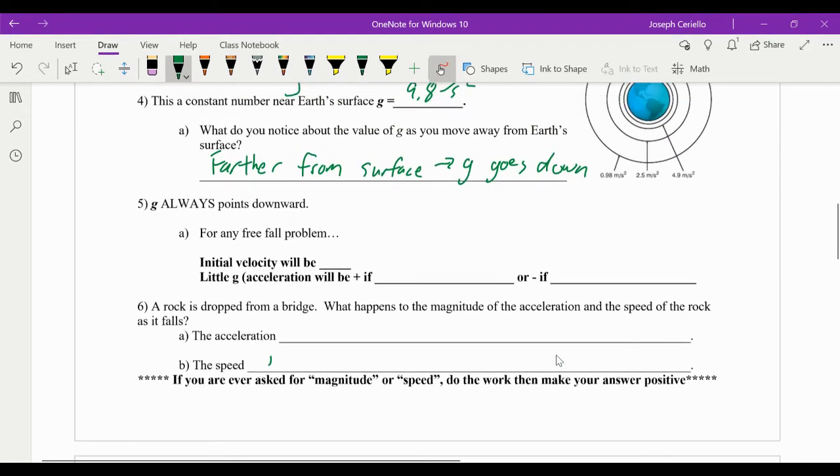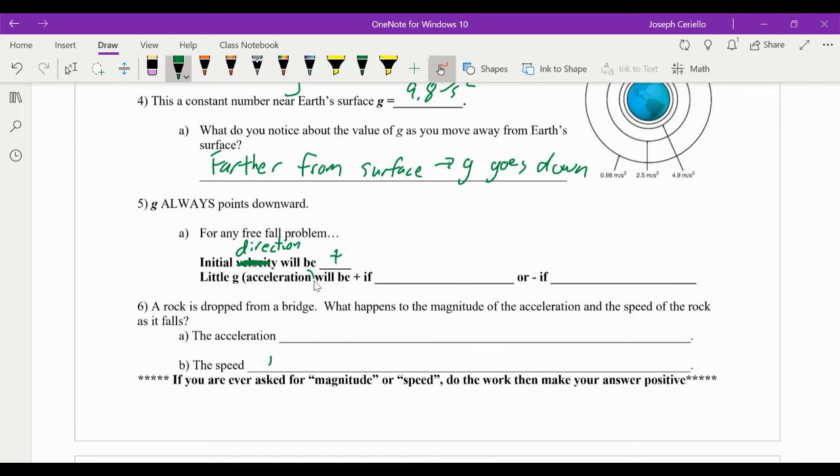Now in this class, g will always point downward. Always, always, always. And we're going to do some things with free fall problems in this class. First off, the initial direction of motion will always be positive. For example, if an object is thrown upward, up is positive. If an object is dropped, down is positive.